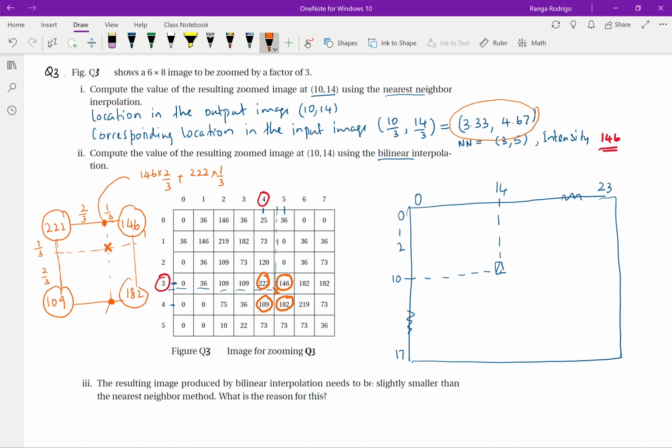The corresponding value here would be 182 multiplied by 2/3 plus 109 multiplied by 1/3.